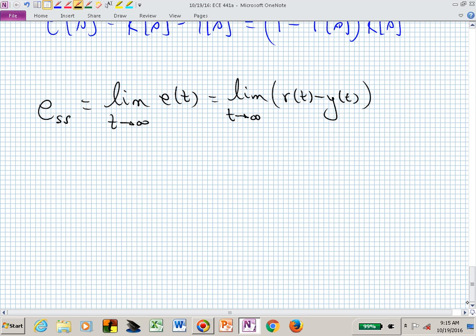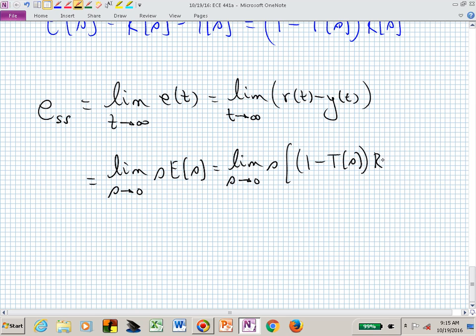And that's, by the final value theorem, the same as the limit as s goes to 0 of s times E of s, which is the limit as s goes to 0 of s times 1 minus T of s times R of s.